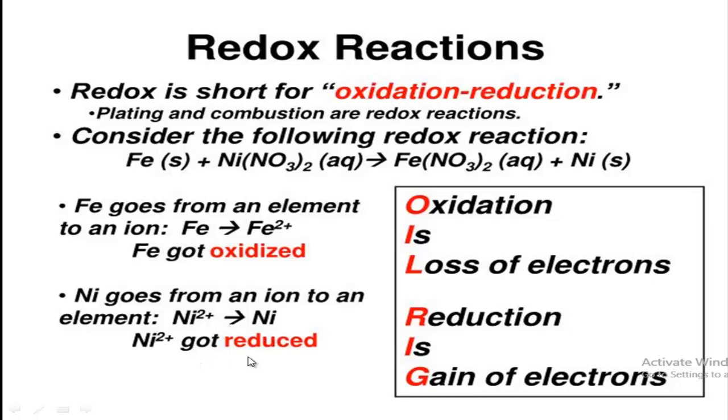So one more thing we have learned: if we find the change of oxidation number, then we can easily identify which one is oxidized and which one is reduced. In an oxidation reaction, the oxidation number will be increased, and in a reduction reaction, the oxidation number will be decreased.